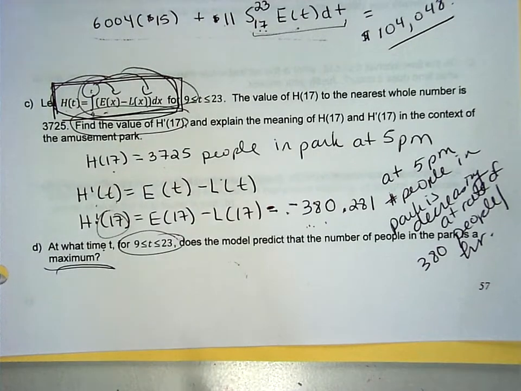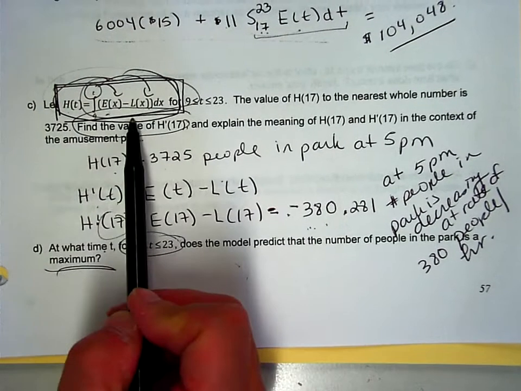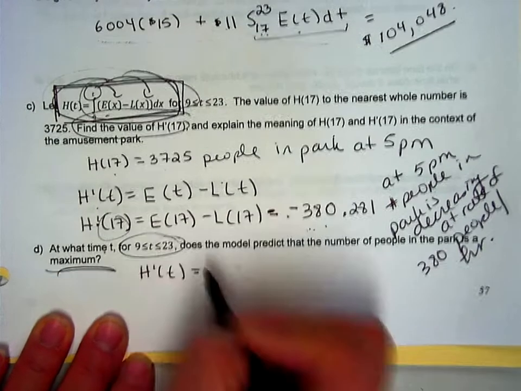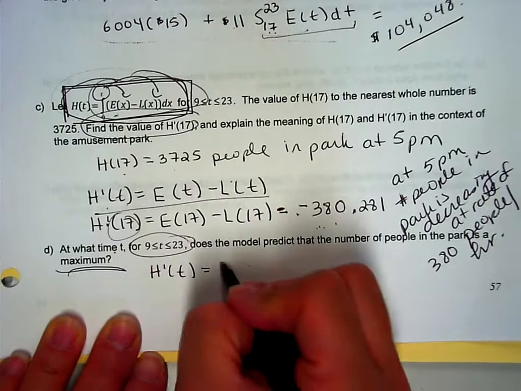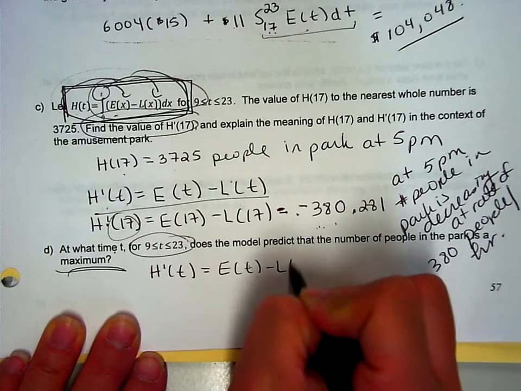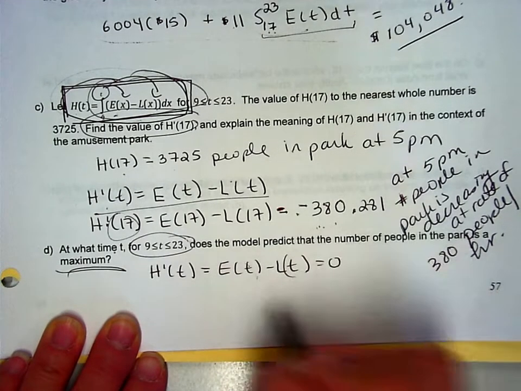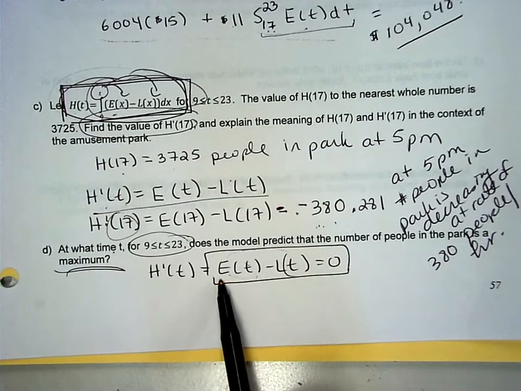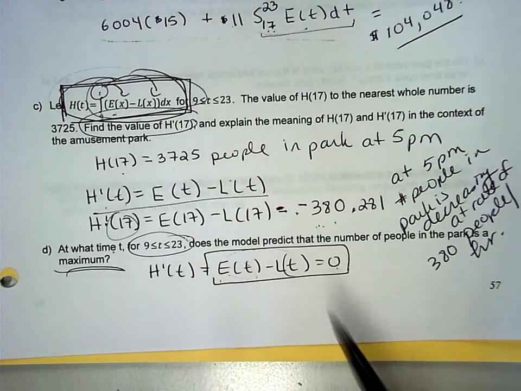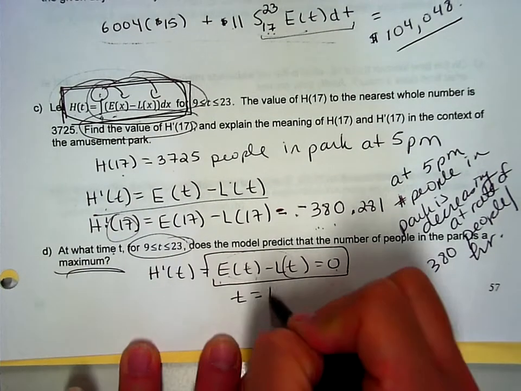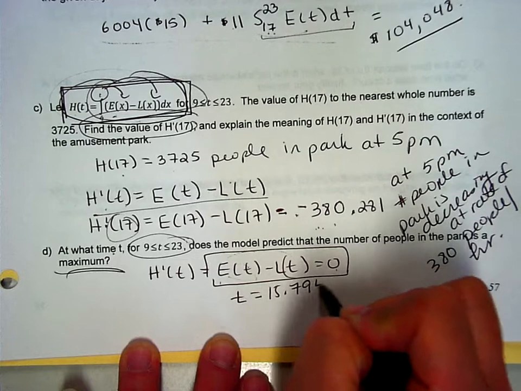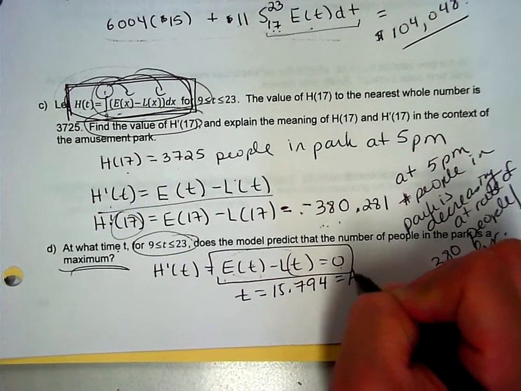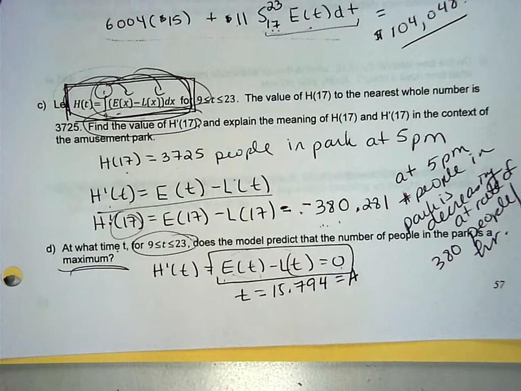So the total number of people in the park is given by this equation, so we need to figure out when this, which we came up with, is going to be equal to 0. You're going to solve this on the calculator. This is your y1, this is your y2. Find your intersection, and you're going to get to here. I would store this as a letter A, or whatever letter you want.